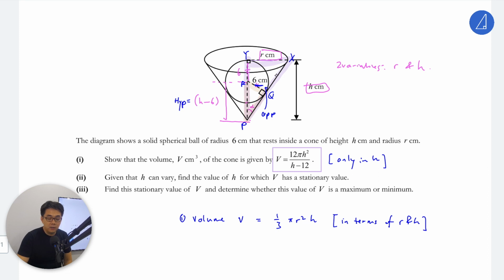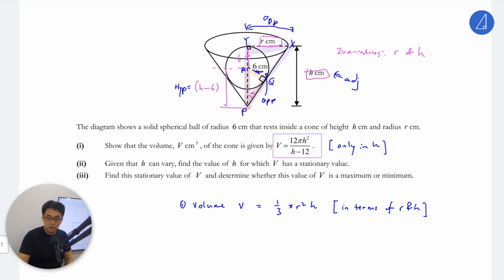This h here, is it a hypotenuse? The big one, PXY, what is it? It's actually the adjacent to the angle there. Then the opposite here is this. You see that in the similar triangles, the values are actually reversed. So you just have to be very careful.